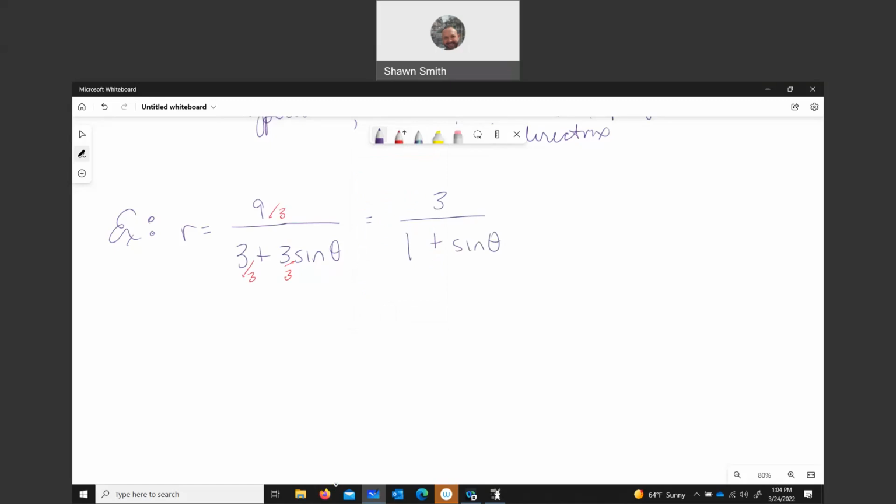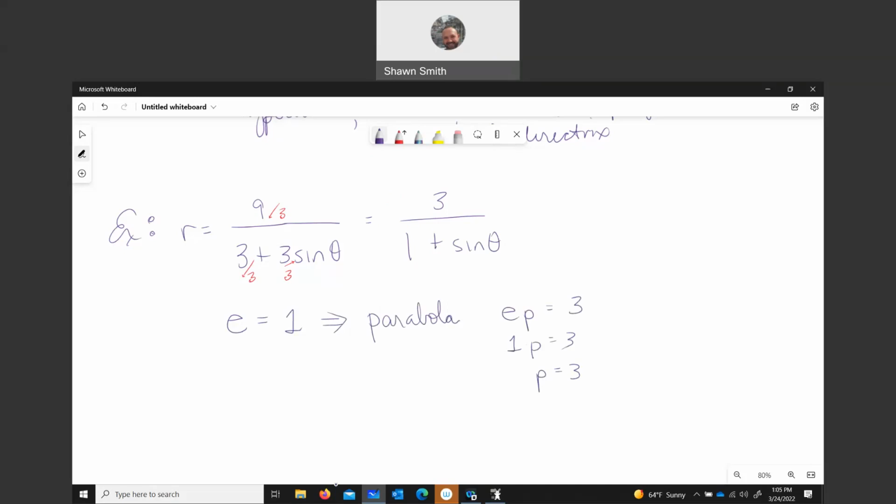So therefore, we're looking at E. E equals 1. That's a parabola. EP is equal to 3. So if E is 1, E times P is 3, therefore P is 3. So we have a parabola. Where is the directrix of this parabola?